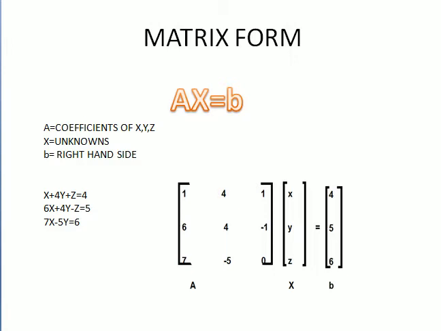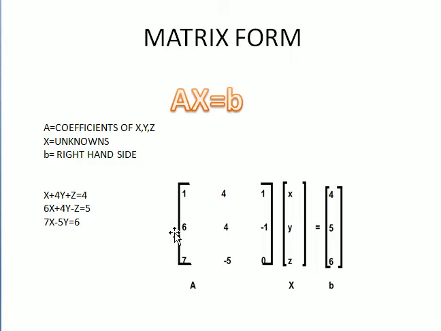Here, for example, you can see this mathematical form. The first row can be multiplied with the whole vector x, y, z. So you'll get 1x plus 4y plus z equal to 4. That is the first equation here. If you take the second row and multiply with the capital X vector, then 6x plus 4y minus z equal to 5.